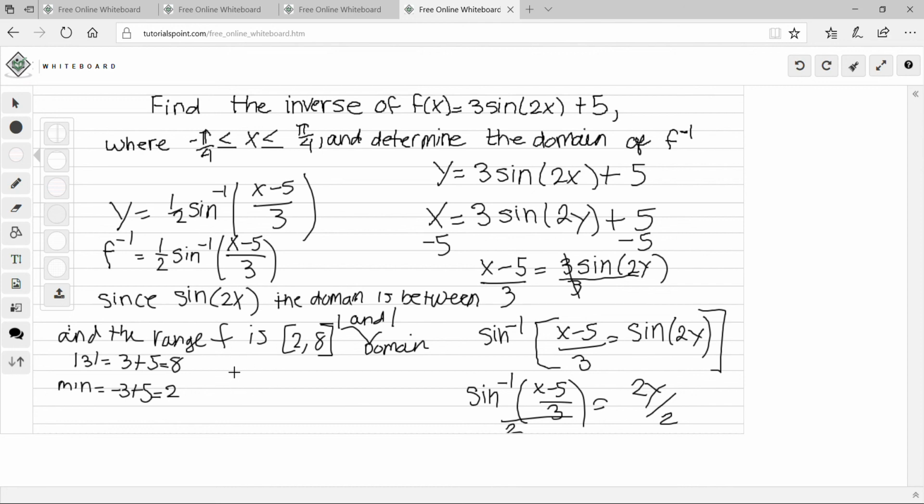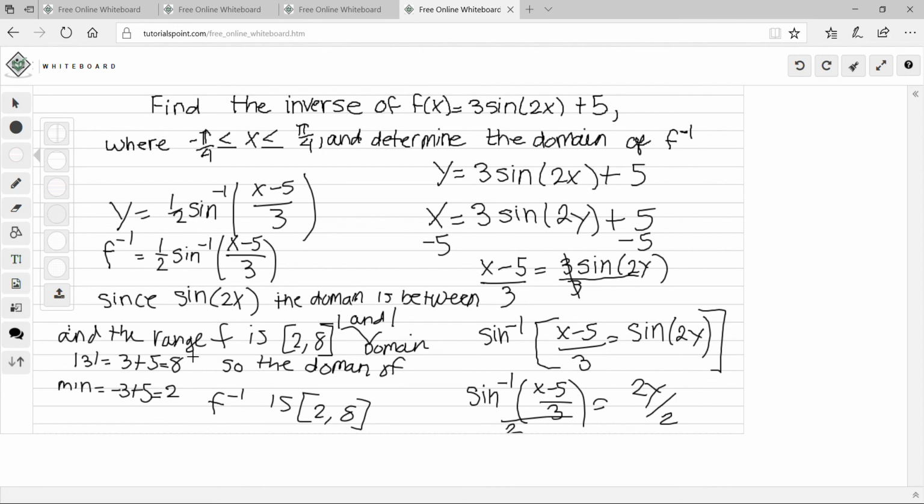So the domain of f inverse is 2, 8. Remember, inverse is when you switch the x and y.